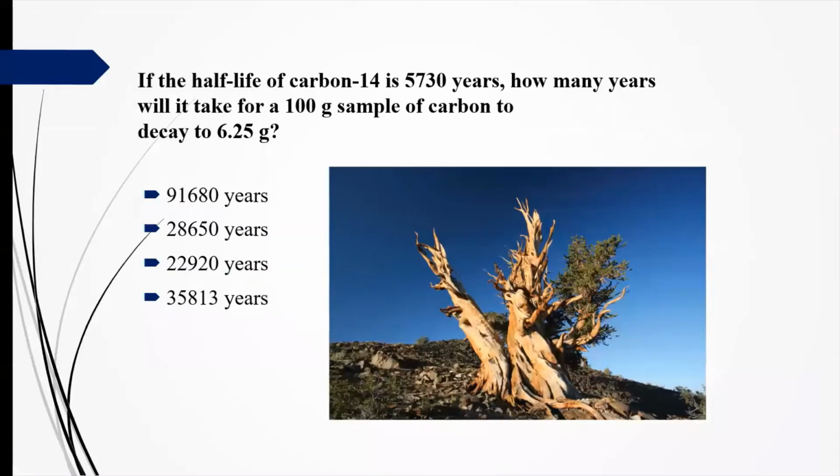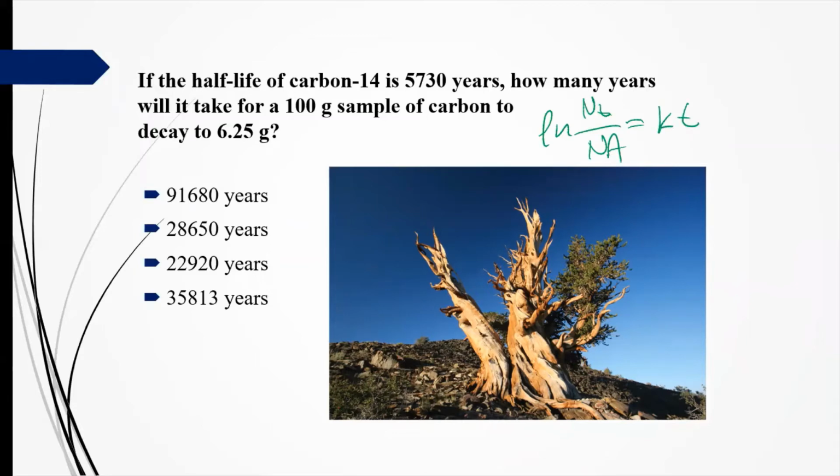So if the half-life of carbon-14 is 5,730 years, how long would it take to decay 100 grams of sample to 6.25 grams? We should be using our ratio here. We have ln of N_t over N_0 equals negative kt.